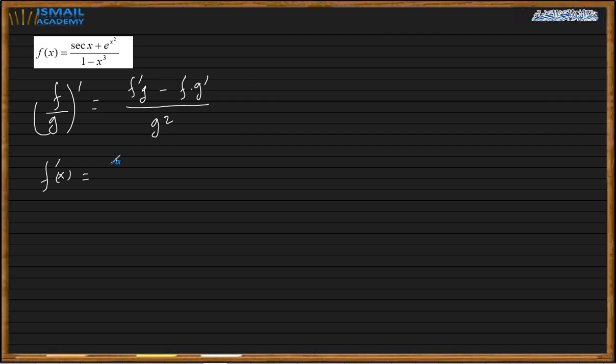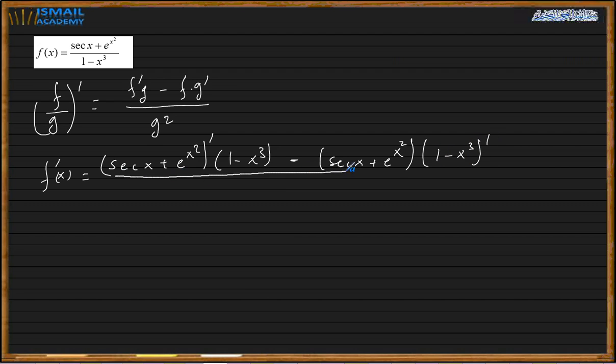We'll have (secant x plus e to the x squared) prime times (1 minus x cubed), minus (secant x plus e to the x squared) times (1 minus x cubed) prime, the whole thing over (1 minus x cubed) squared.